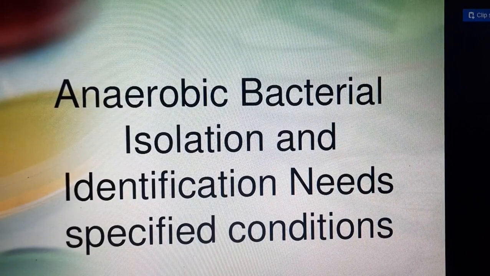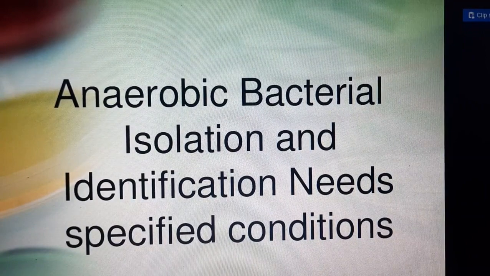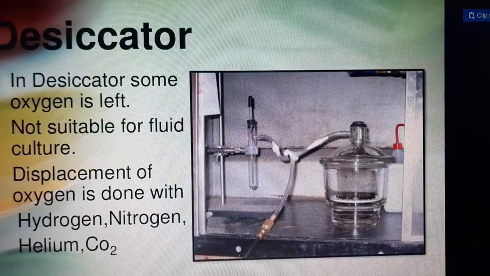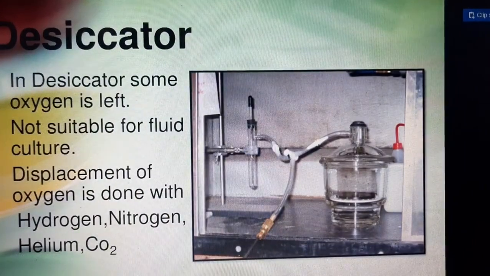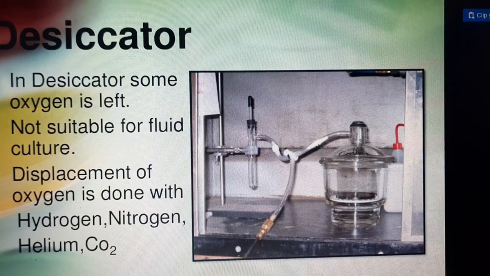Anaerobic culture method. Anaerobes grow only in the absence of oxygen. This anaerobic condition, or anaerobiosis, can be established by various methods such as desiccators. In desiccators, some oxygen is left, so they are not suitable for fluid culture.